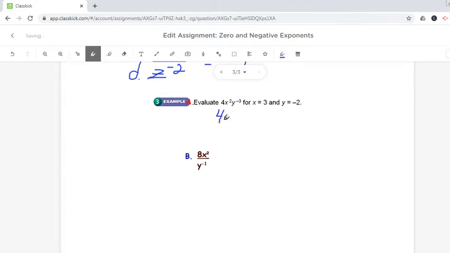So 4 times x, which is 3, squared, y equals negative 2, to the negative 3.